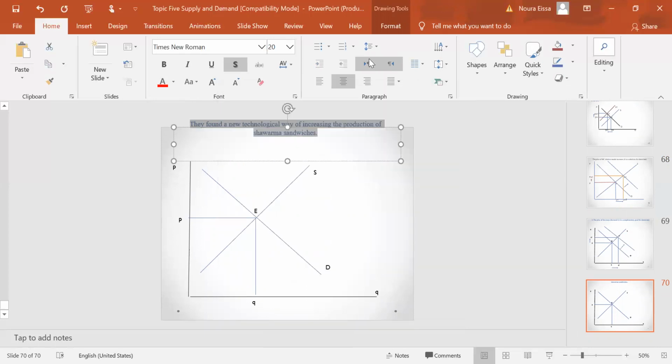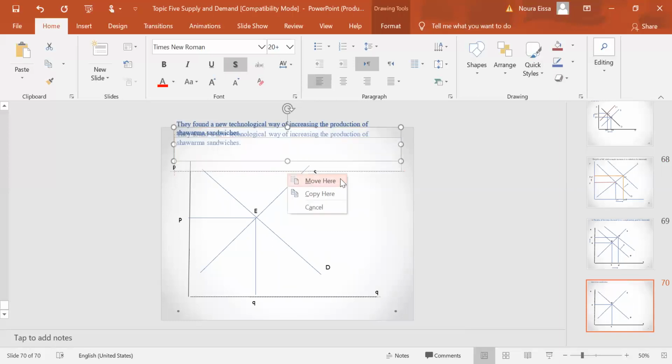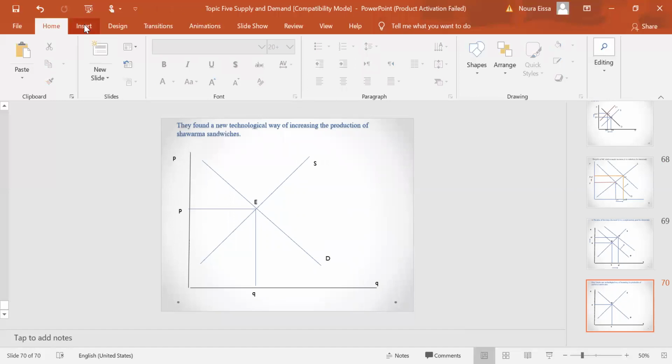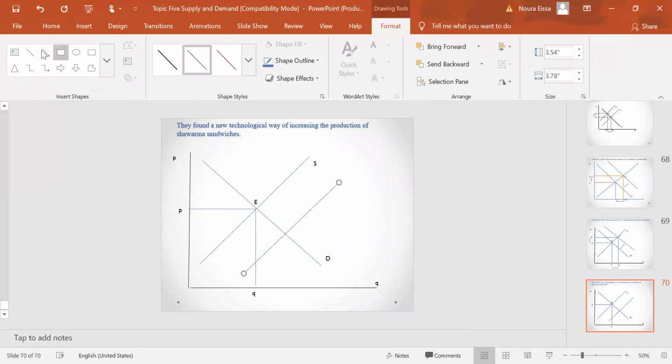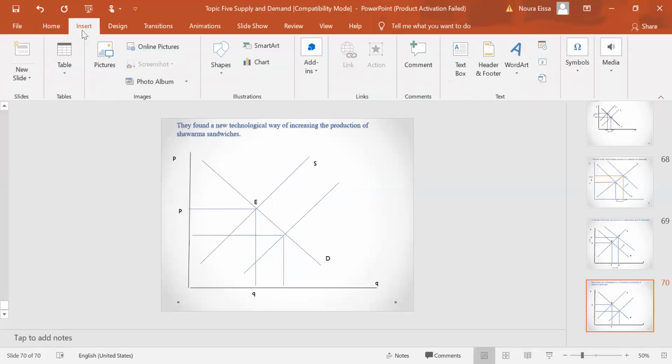Can we show this? All right, give me a second. Okay. All right, let's show the shift in supply to the right. Right here. Okay. This is the new price, and this is the new quantity. Okay, let's insert the arrow.